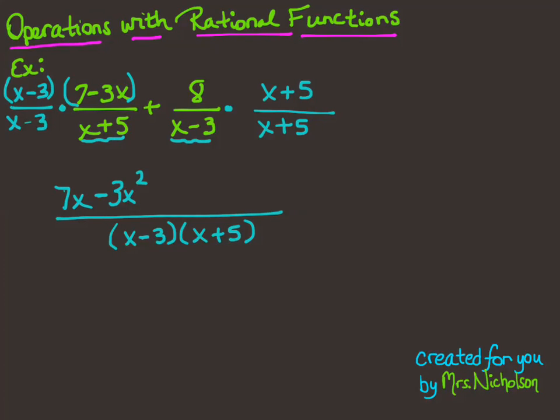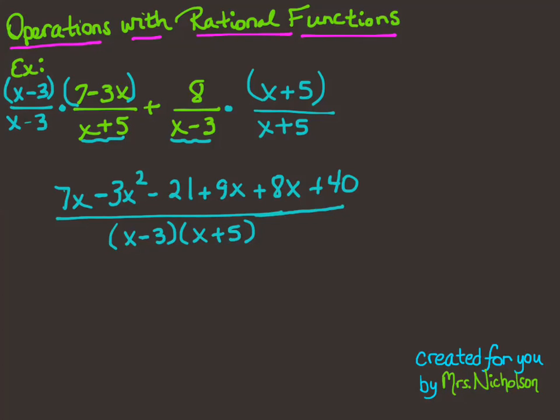Negative 3 times 7, negative 21. And negative 3 times negative 3x is plus 9x. Then over here on the right, I have 8 times x plus 5. So 8 times x is 8x, and 8 times 5 is 40.